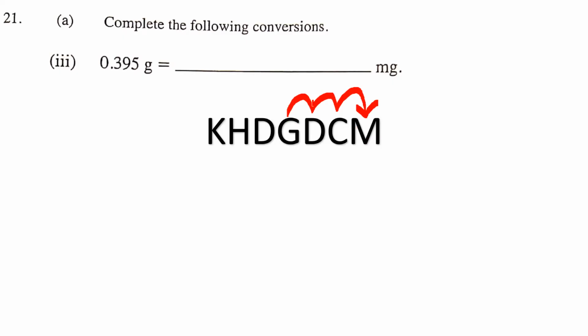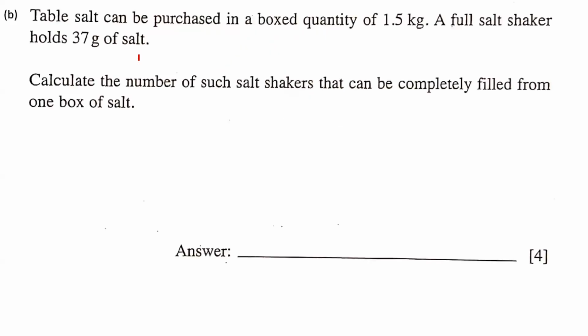And so we have 1, 2, 3. And so that's how many times we're going to move over the decimal point. 1, 2, 3. And so the answer here is going to be 395 mg. So 0.395 g, or grams, is equal to 395 mg. So let's move on to question 21b.